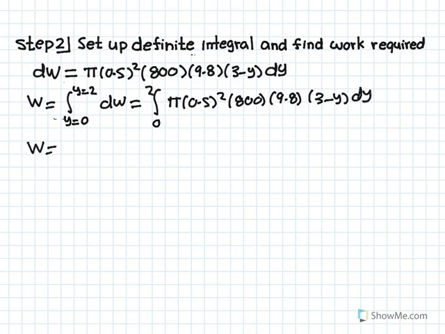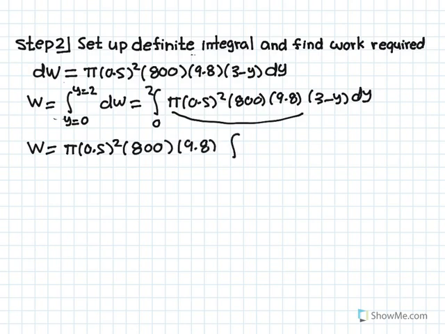So the work is equal to, now let's pull all the constants out of the integral, and because it's constant, it passes right through the integral, so we get work is pi times 0.5 squared times 800 times 9.8 times the integral from 0 to 2 of 3 minus y, dy.